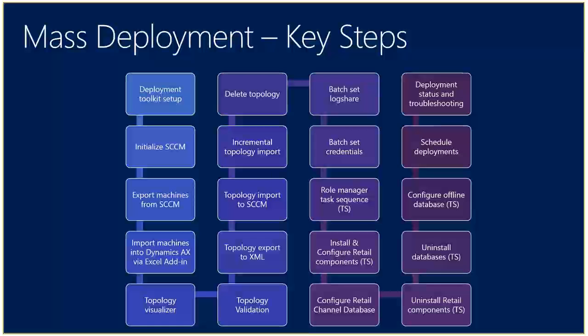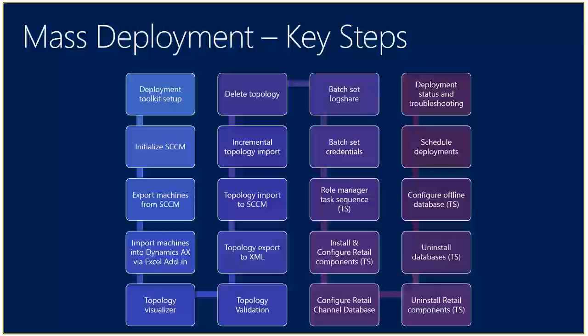So we have a primary task sequence which has install and configure retail components. In addition to this very broad task sequence, we have a few more task sequences which are somewhat correlated in this context. One of the other task sequences that we have is configure retail channel database.